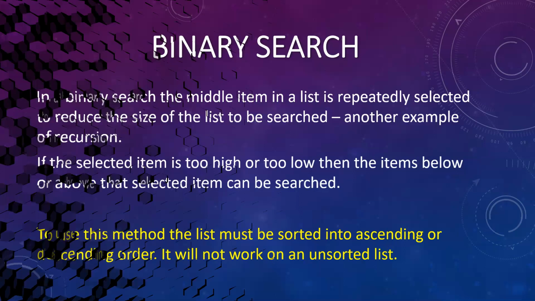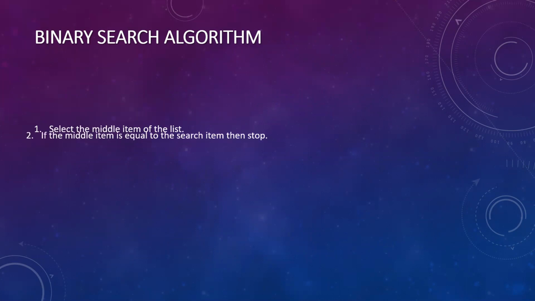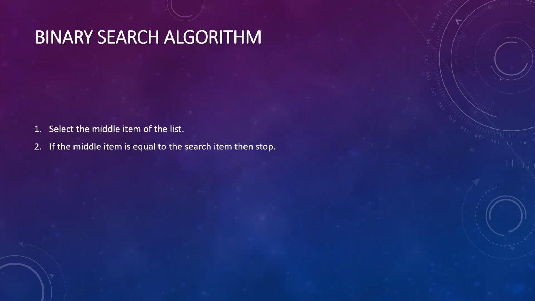Okay, if we see the algorithm, then according to the definition, at first it will select the middle item of the list. If the middle item is equal to the search item, then it will stop its work. And if the middle item is too high, then repeat steps 1 and 2 with the sublist to the left.